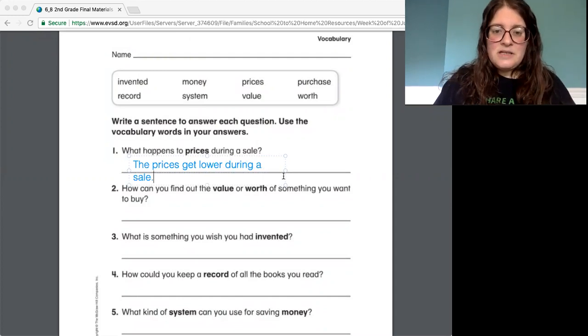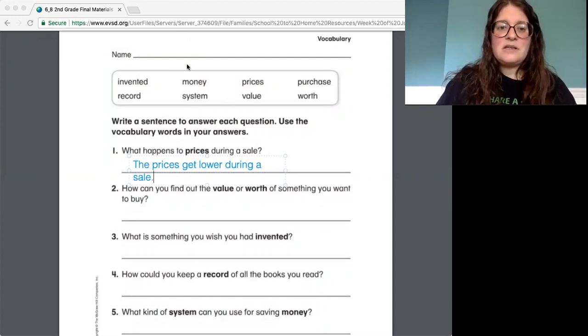And so you'll notice that I used some of the words in the sentence to help me write my answer. And you can do that too. It helps with your spelling because you can see how they spelled it. But the most important thing is to use the same vocabulary word in your answer that is bolded.